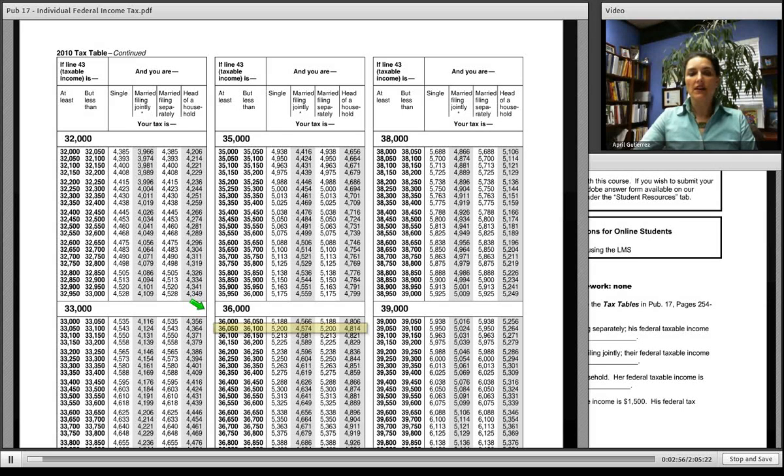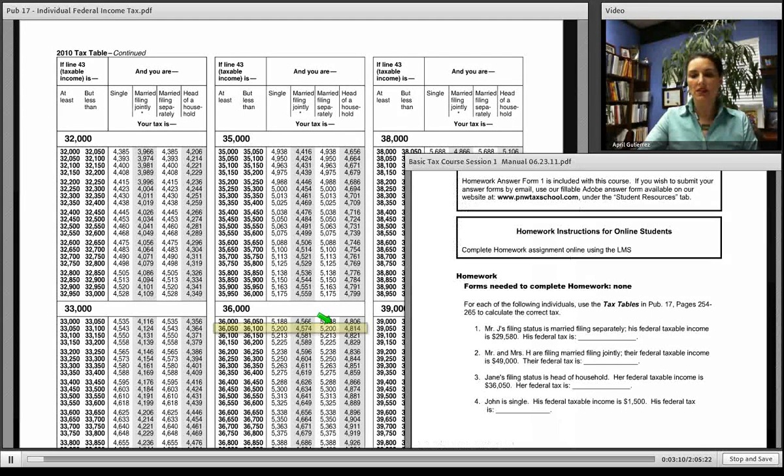So we follow that column over. Her filing status is head of household, which is the final column on the far right-hand side. When we look there, we see that the correct answer is $4,814. The final problem using the tax tables is problem number 4, and it says John is single.